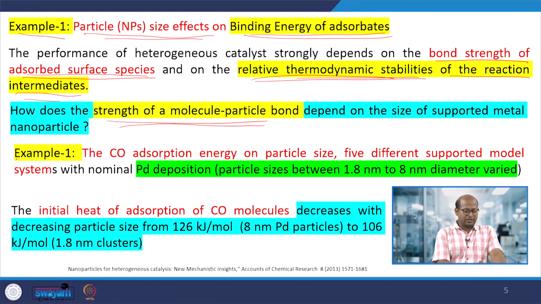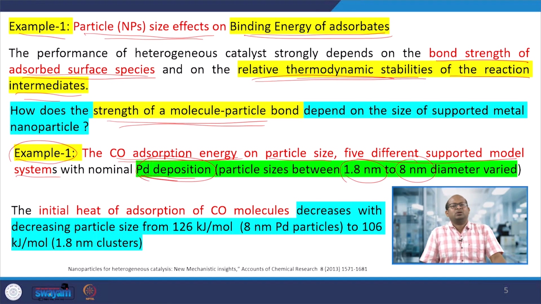Here is an example showing CO, carbon monoxide, the adsorption energy on particle size and different supported model systems that we will discuss particularly here. Palladium is the material that would be deposited on a particular surface or support. So, there is this palladium in nano form, whose size we will vary from 1.8, approximately 2 nanometers, to 8 nanometers.